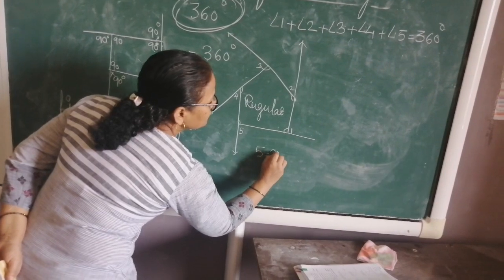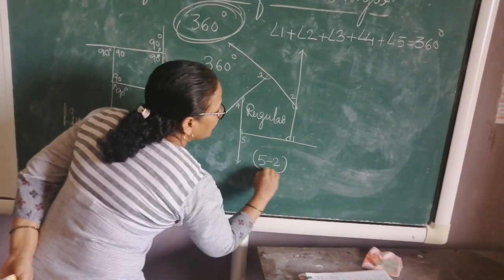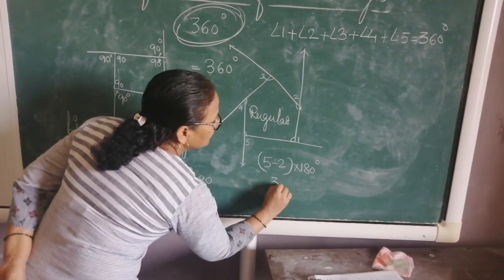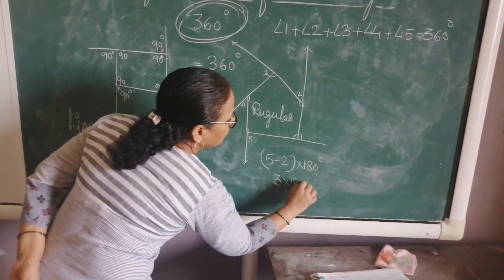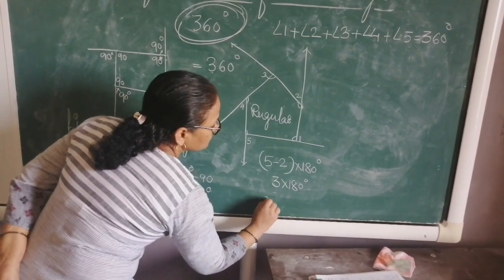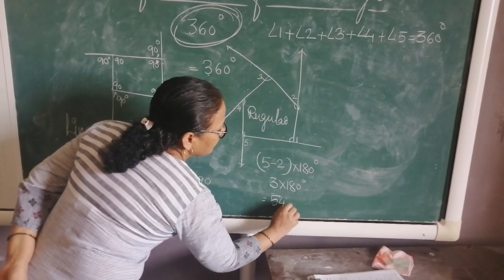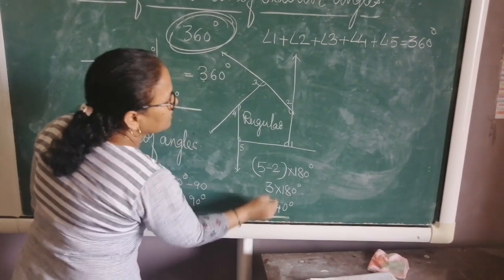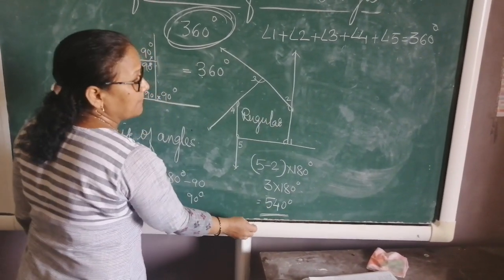it is 5 minus 2, multiplied by 180. 5 minus 2 means 3 multiplied by 180. That means 540 degrees. Okay, that means the interior angle sum of this is 540.